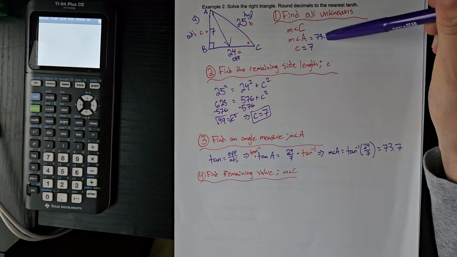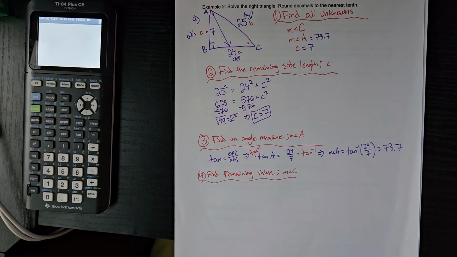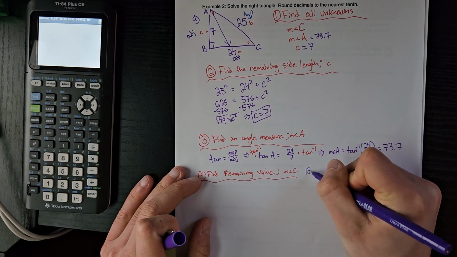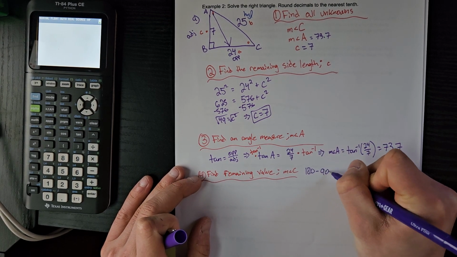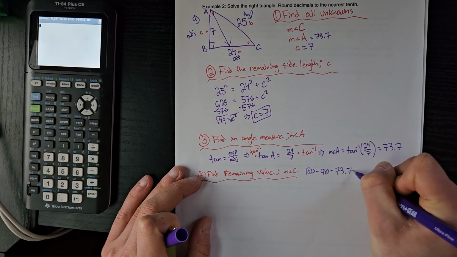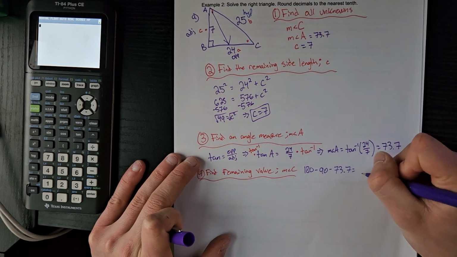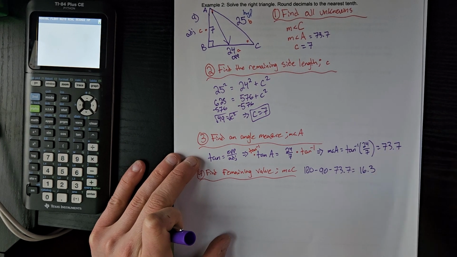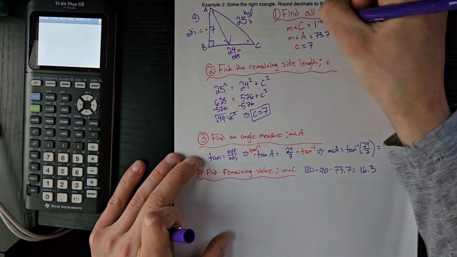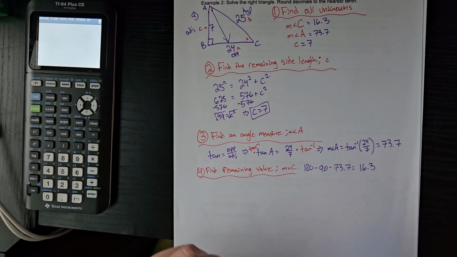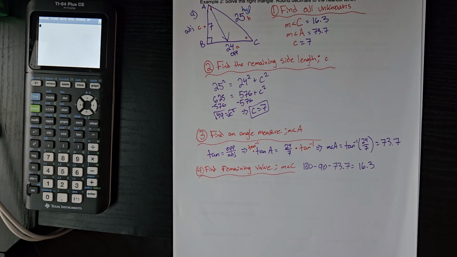But since I already know two of these angle measures, I could just do 180 minus 90 minus 73.7 and get out whatever C is. And in this case, angle C would be 16.3. And those are the 3 measurements I needed to find. Not too bad at all.